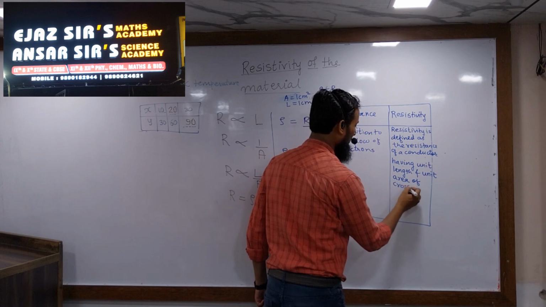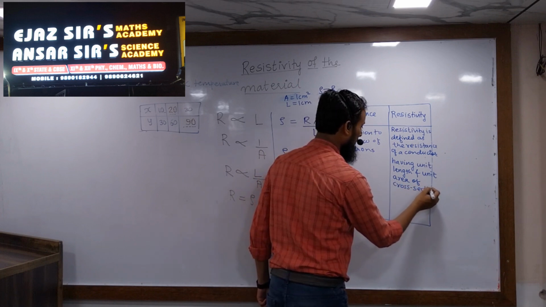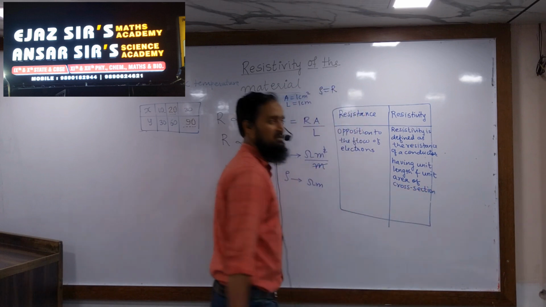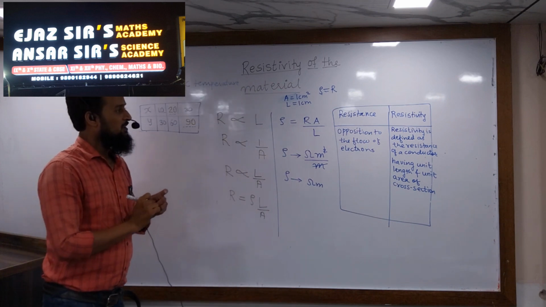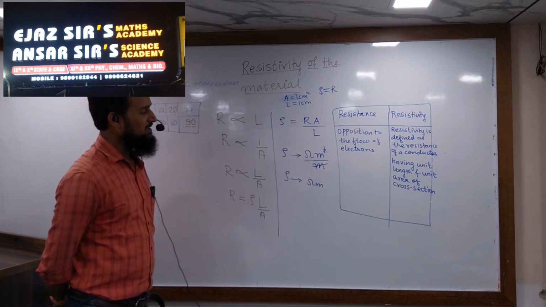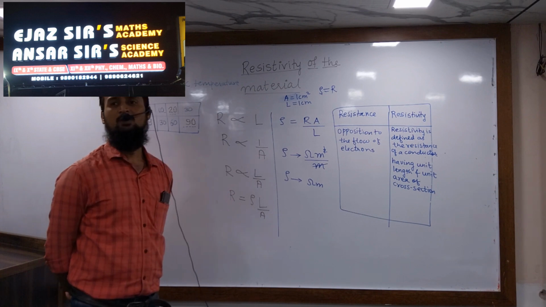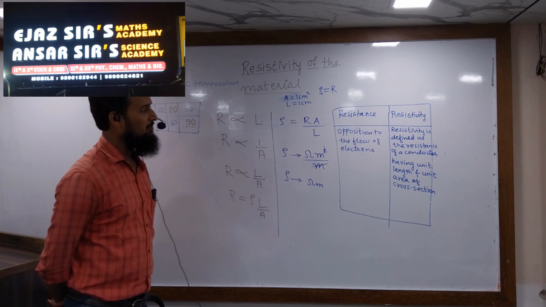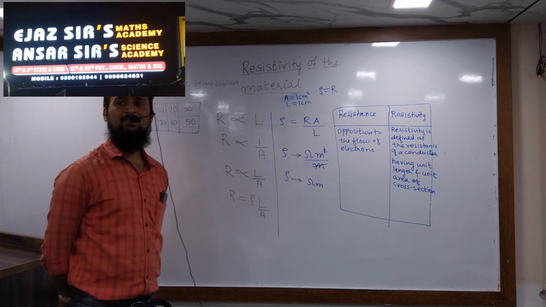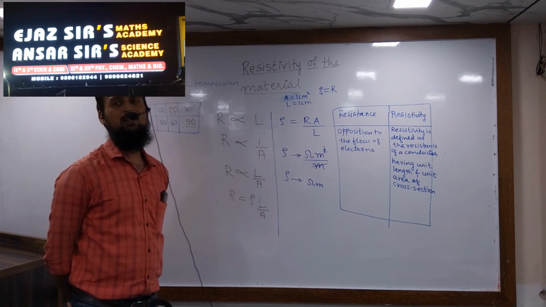Does unit mean 1? Yes. Resistivity is defined as the resistance of a conductor having unit length and unit area of cross section. Although I have written conductor there, resistivity exists for an insulator too.